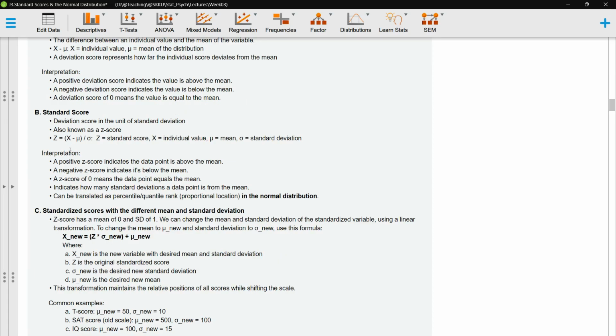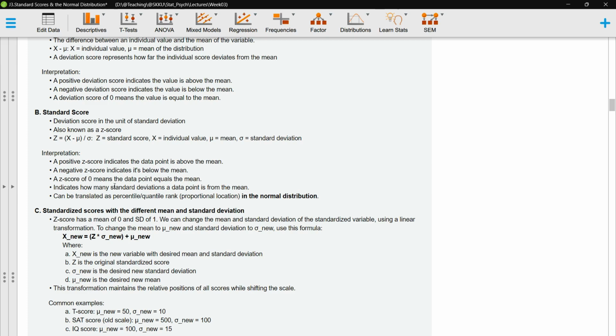So how can you interpret the standard score? Just like the deviation score, a positive z-score indicates the data point is above the mean, a negative z-score indicates it is below the mean, and a z-score of 0 means the data point equals the mean. Up to this point, the interpretation is the same as the deviation score. From now on, the specific number of the standard score indicates how many standard deviations a data point is from the mean.